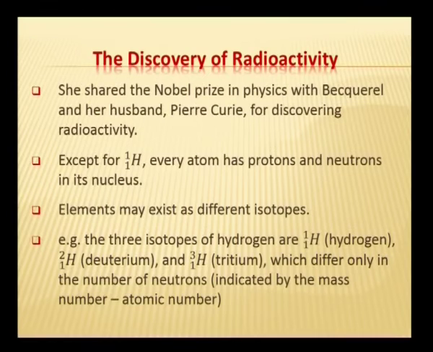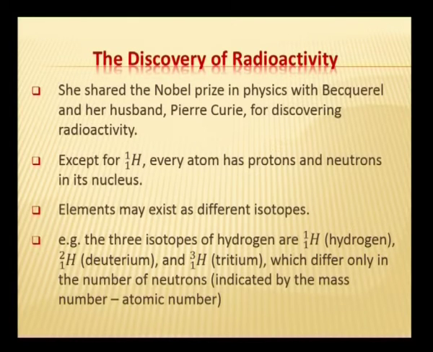A parent nucleus becomes a daughter nucleus, and again it keeps on emitting radiations until it becomes stable. From an unstable nucleus it becomes a stable nucleus. She shared the Nobel Prize, as I told you, with Becquerel and her husband Pierre Curie for discovering radioactivity.